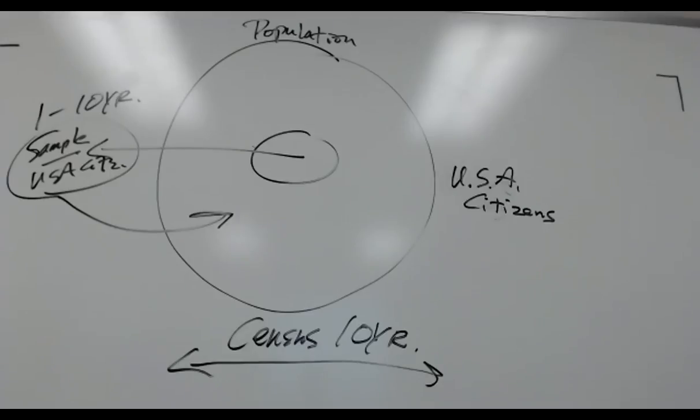Now, four levels of measurement: nominal, interval, ordinal, and ratio. Nominal data cannot be arranged in any particular order. An example: eye color, gender, or religious affiliation.